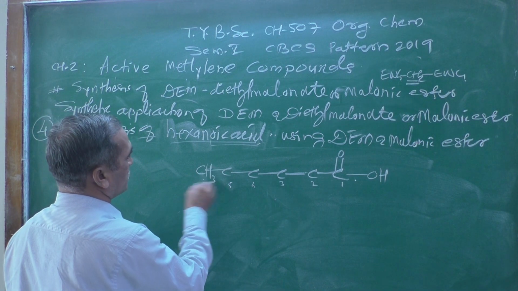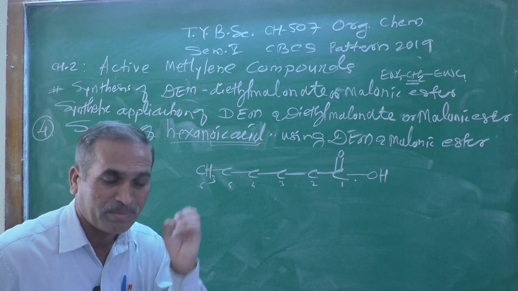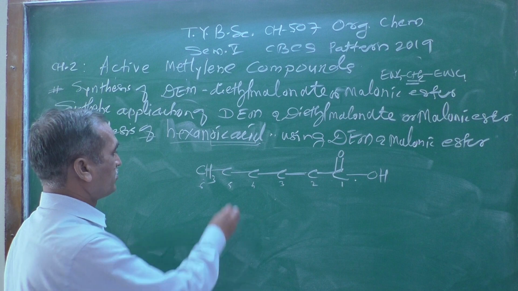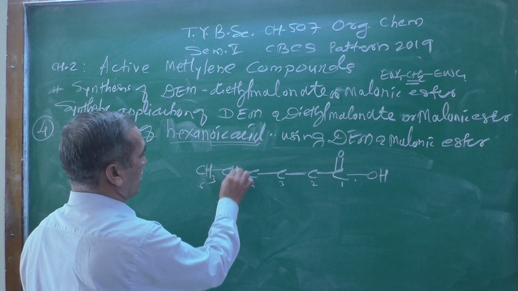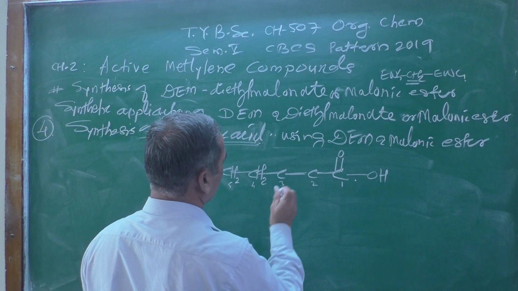and you can attach the appropriate hydrogen atoms. You can attach CH3 here because the terminal carbon atom always possesses 3 hydrogen atoms, and the middle ones always possess CH2.